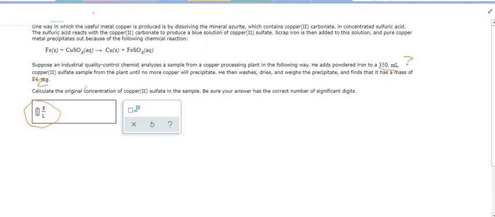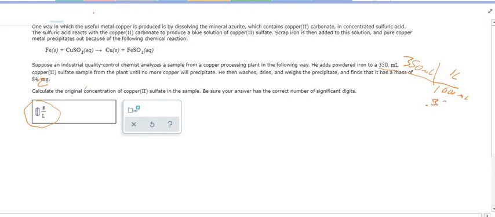There are 350 milliliters, and I know that there are 1,000 milliliters in 1 liter, so I have 0.350 liters.